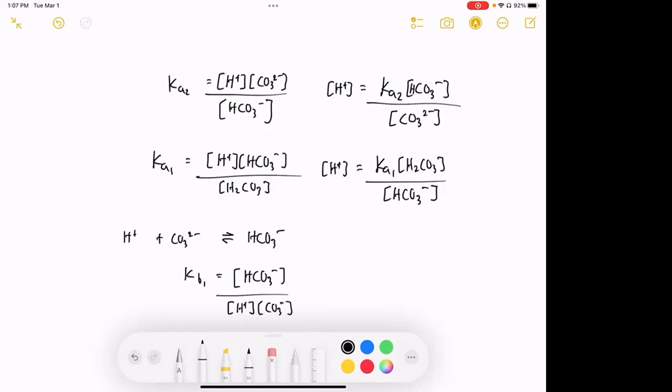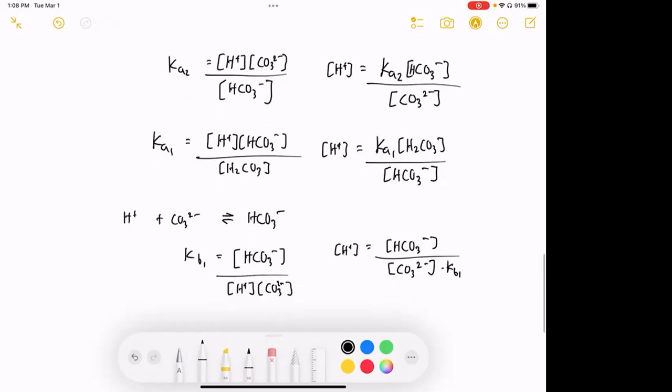Then when we solve for that, you get H plus equals HCO3 minus over CO3 2 minus times KB1, and then it ends up being right here actually. Okay.